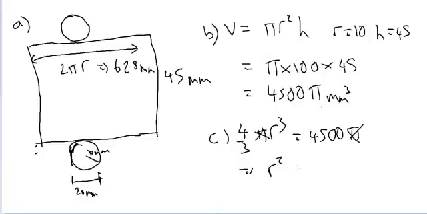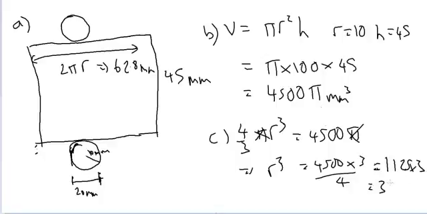Then the radius cubed is equal to 4,500 times 3/4. Well, 4,000 divided by 4 is 1,000. That's going to be 500 is going to be 125 times 3. So that's going to be 3,375.